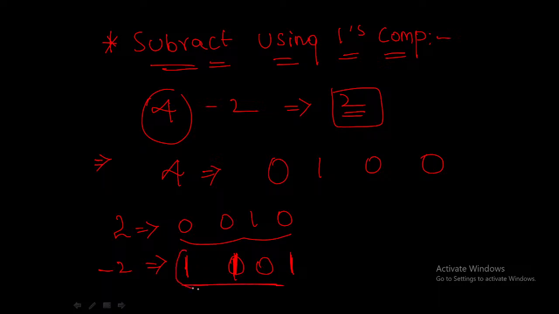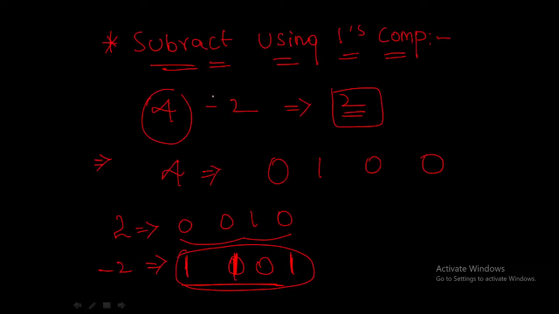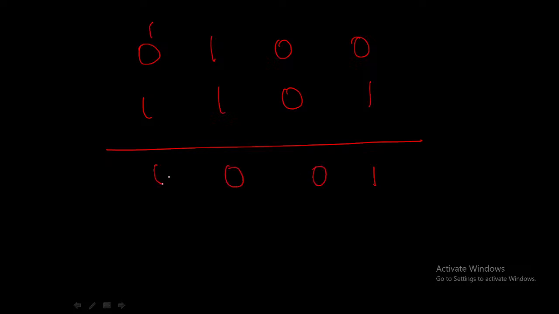Now we will add this 1, 1, 0, 1 and this 0, 1, 0, 0. So what is our answer? 1, 0, 1, 1 is 0, 1, 1, 1 is 0, 1.